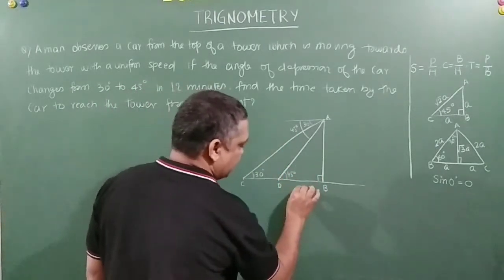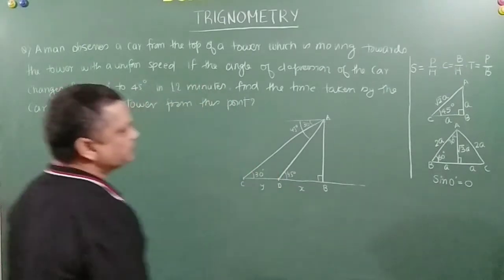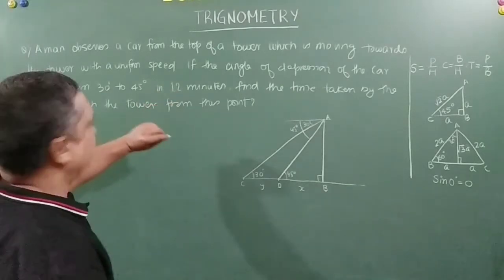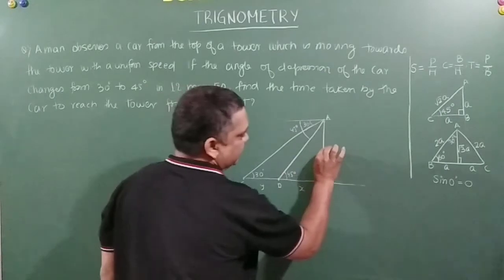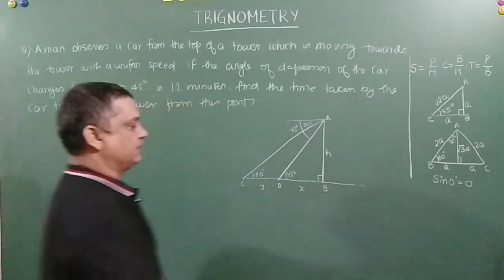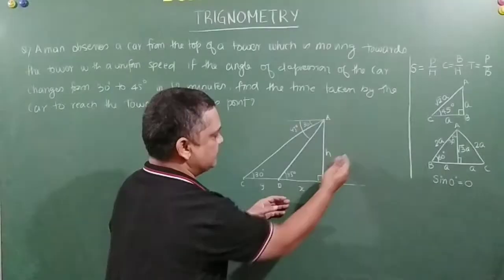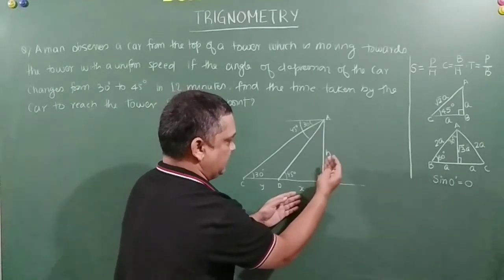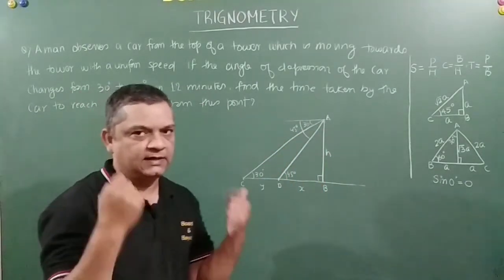So let us take this as X and this as Y. Any other details given? No. Let us say this height is H, height of the tower. Now friends, here you can see perpendicular and base are involved, so we will take tan.